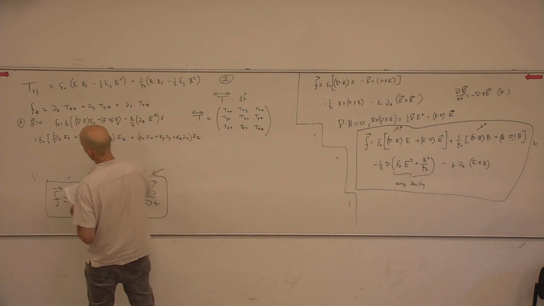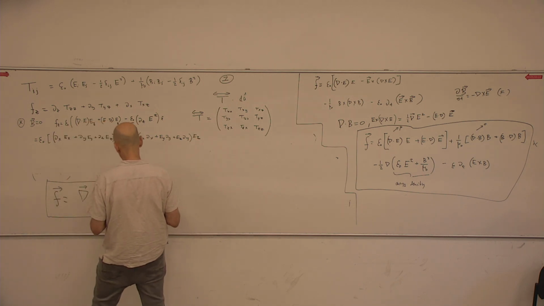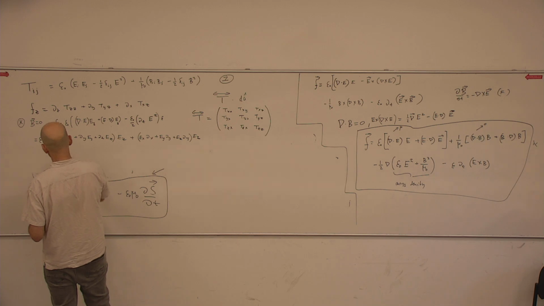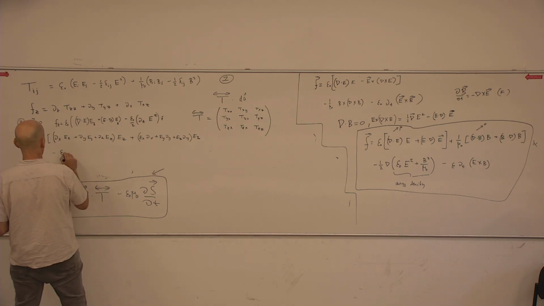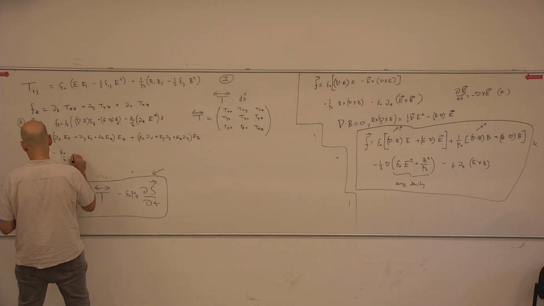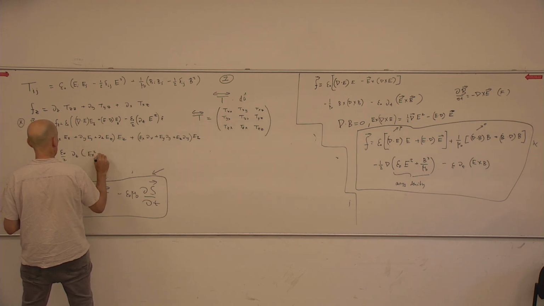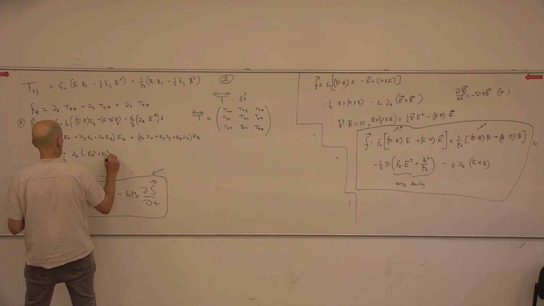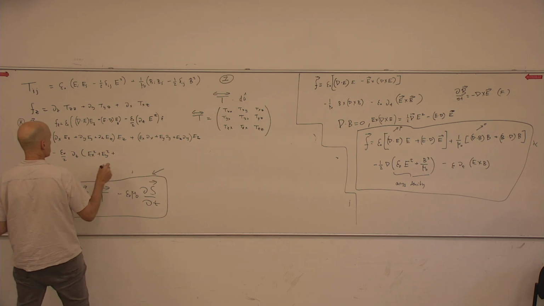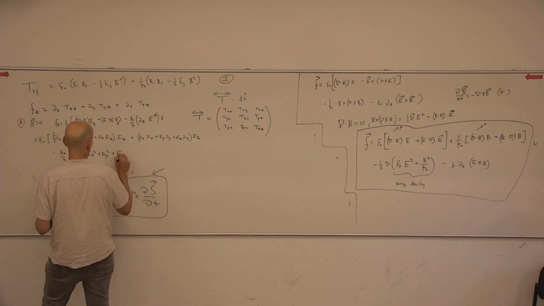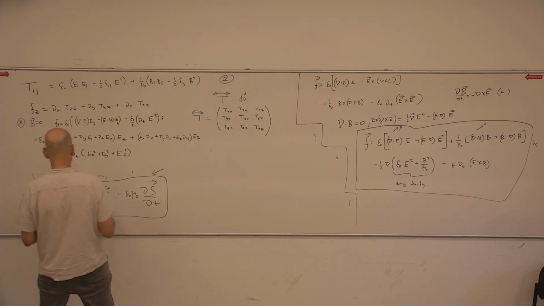Again, the z is because of the direction that I'm working at, minus epsilon 0 over 2 d dz of Ex squared plus Ey squared plus Ez squared. This is E squared. Remember, this can depend on x, y, and z and time in principle. Only there's no time here, but this is this thing.